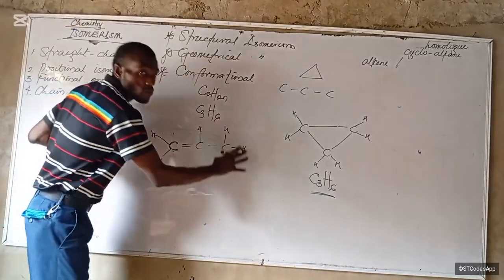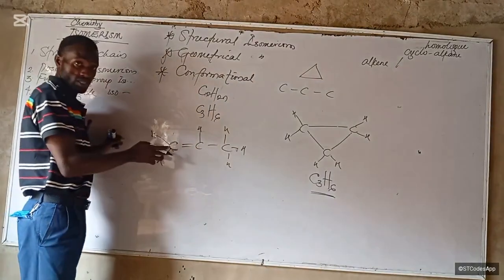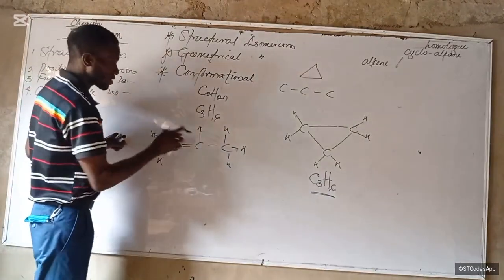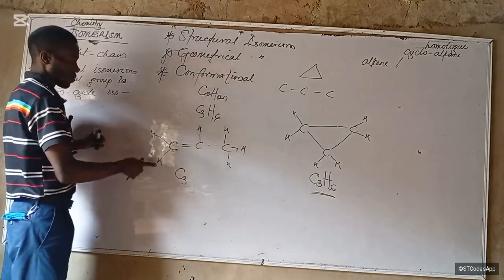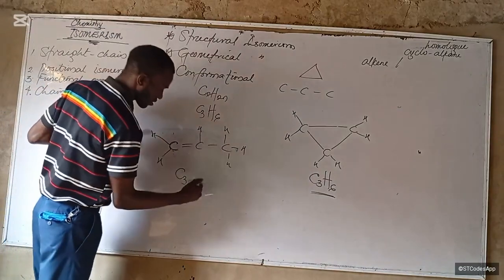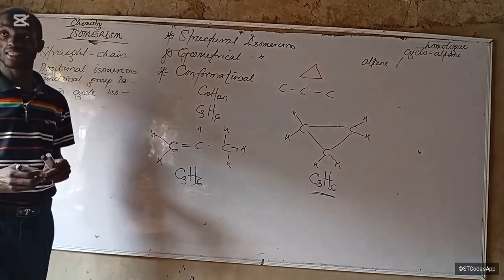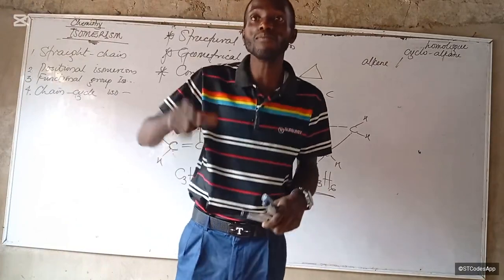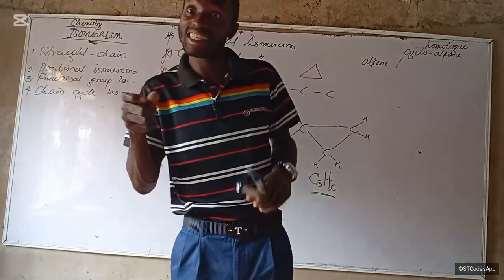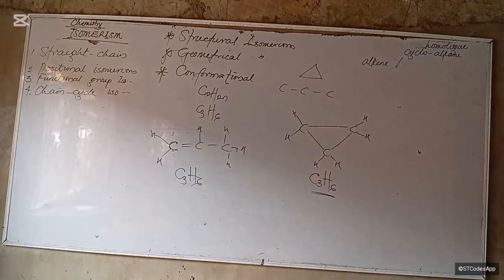Keeping in mind that 4 bonds must be around a carbon. So let's count how many carbons we have. C3 is still here. Let's see how many H's. 1, 2, 3, 4, 5, 6. Do you get it? So a particular alkene will have the same molecular formula as a corresponding cycloalkane. Does that make sense?